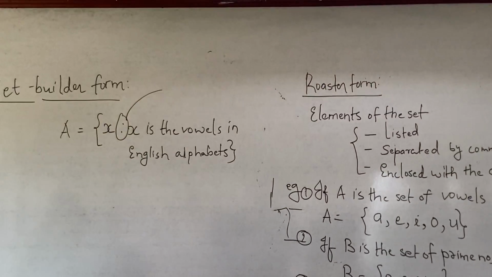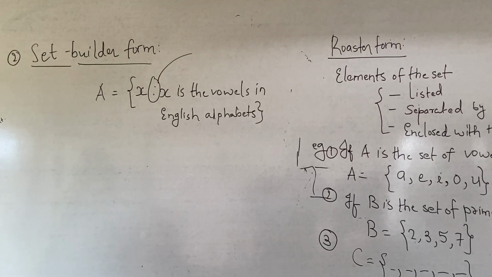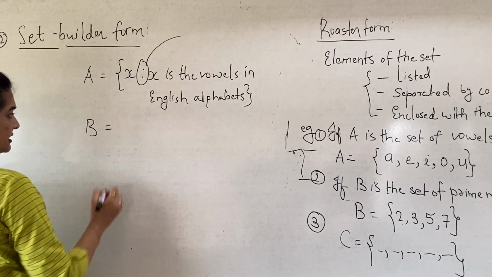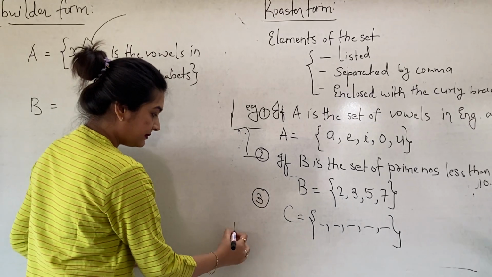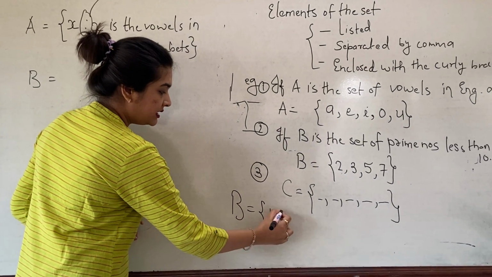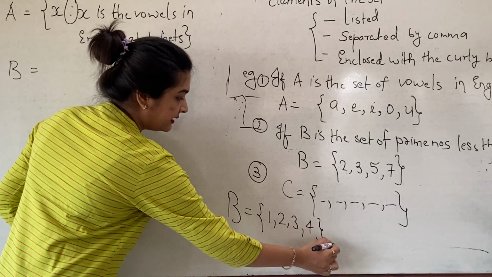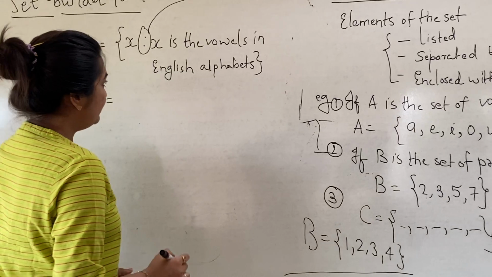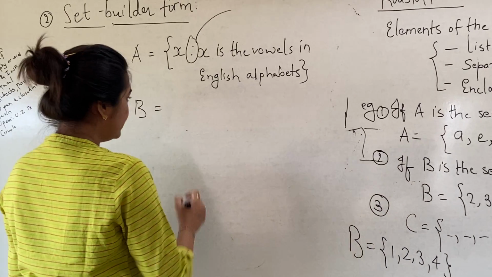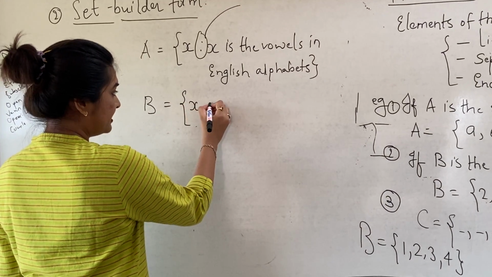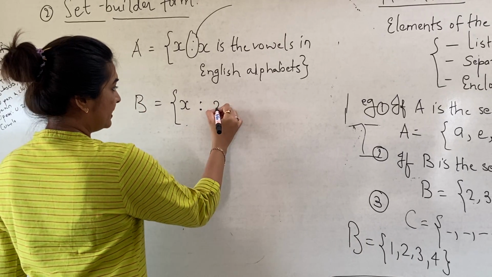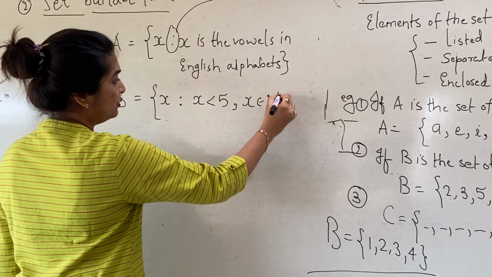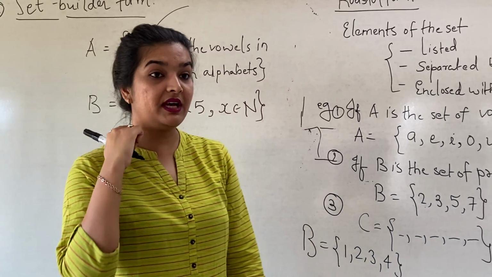Now next example is B is equal to 1, 2, 3 and 4. Write this example in the form of set builder. So what will be the set builder form of this particular set? B is equal to x such that x is less than 5 and x belongs to N. Why?